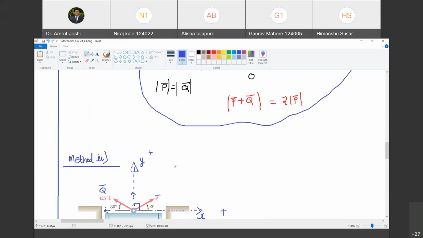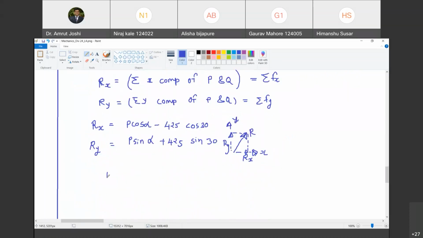But what is the condition? So can you tell me what is the magnitude of R? Magnitude of R, will it be square root of Rx square plus Ry square? Yes. Do you agree with me? Yes, sir. You can use the geometry and you can see magnitude of R is nothing but the diagonal of this right angle triangle. This is Rx, this is Ry, so it is going to be square root of Rx square plus Ry square.